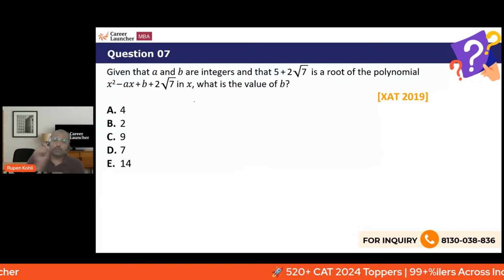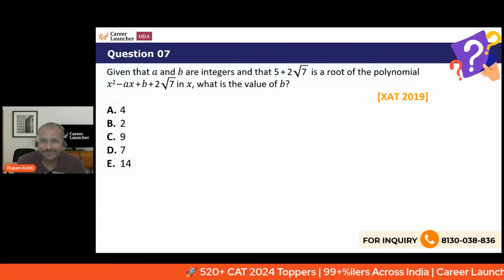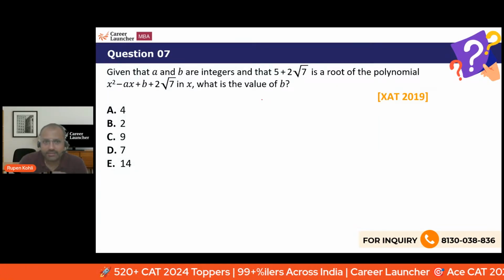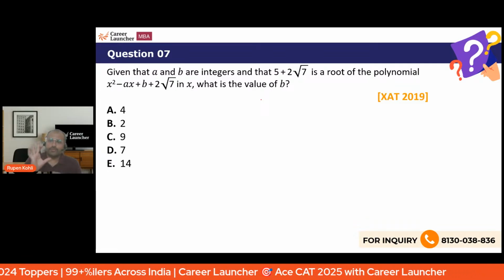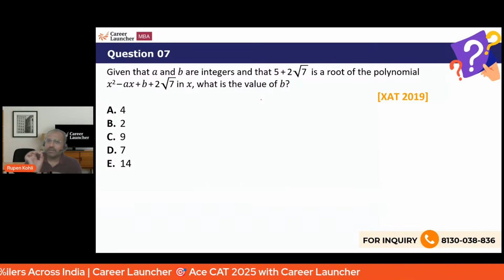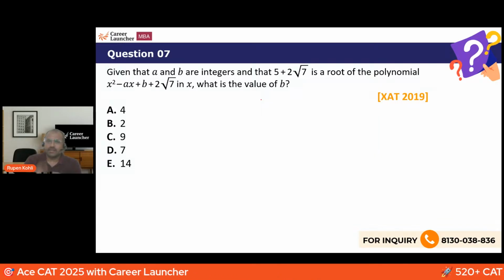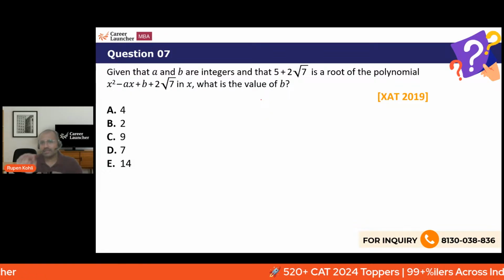Okay, so how to deal with this problem? How to handle this? The most basic thing of polynomials or polynomial equations, the most elementary thing, factor theorem. As simple as that.